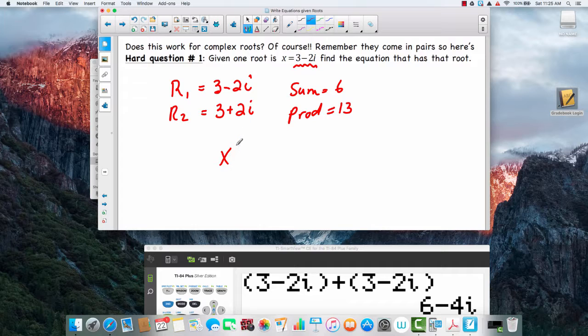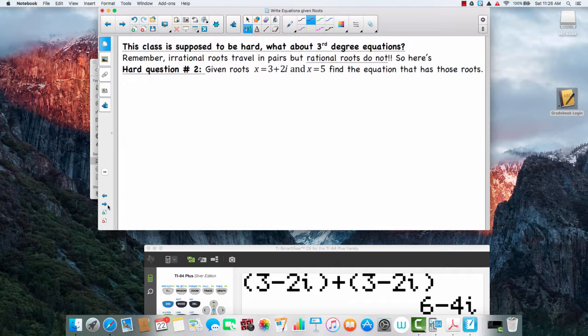X squared minus the sum, put an X there, plus the product. How cool is that? Piece of cake. And all you had was this to begin with. That's amazing. So, given a root, you can find its conjugate, then you add it, multiply it, plug them in, and you're done. Awesome. Next one.